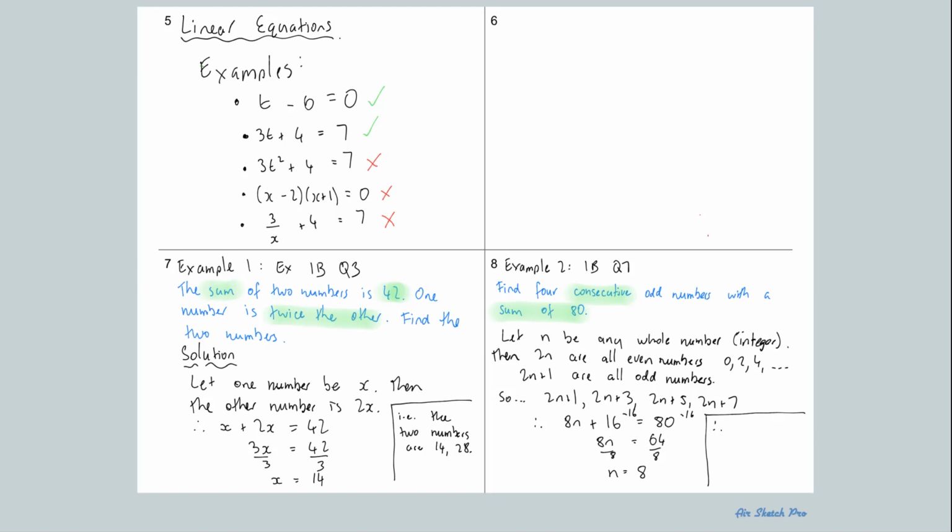So therefore, the numbers are 17 as the first one, and then we can just list the other ones: 17, 19, 21, 23. And you can go back and substitute in to make sure that makes sense. We've got n equals 8, n equals 9, n equals 10, n equals 11 there, which will give us what we're looking for.